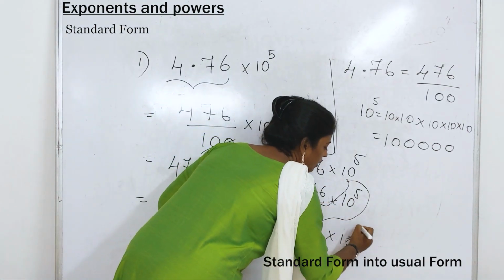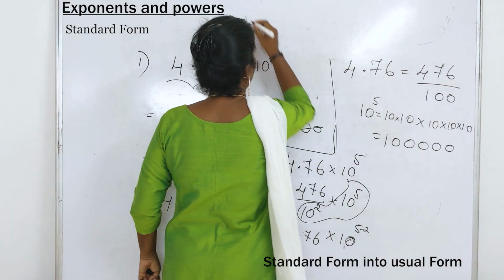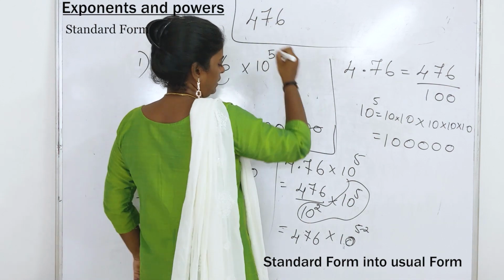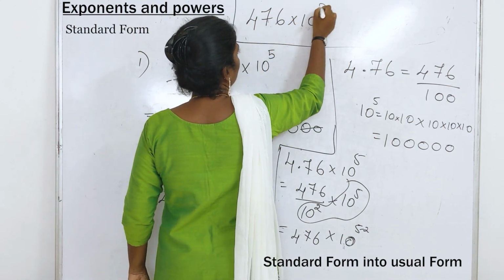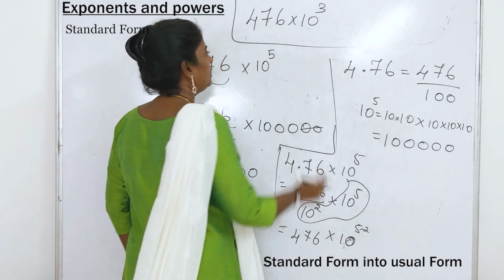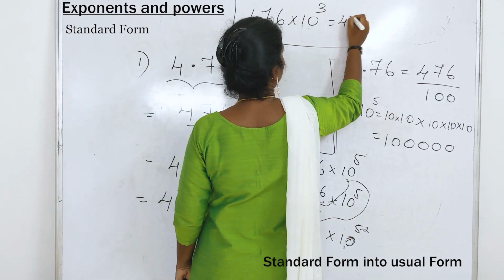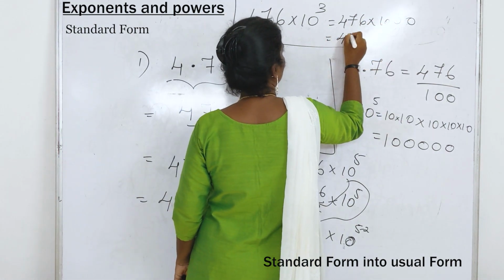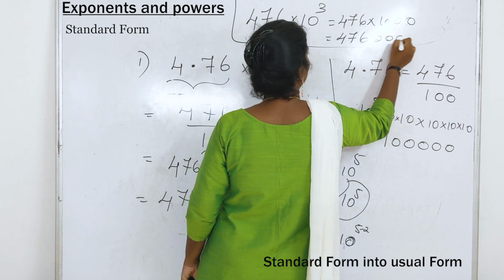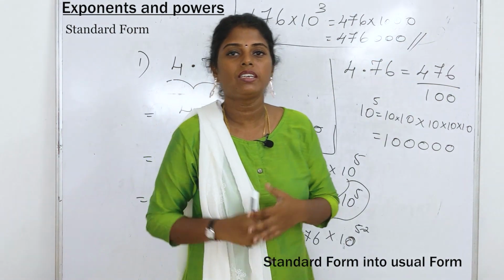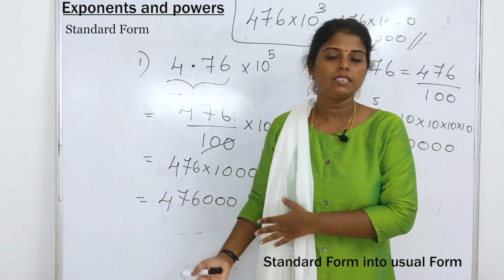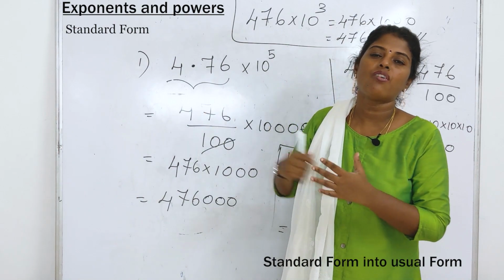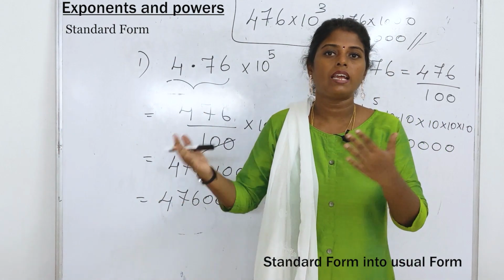So 10 to the power 5 minus 2, so we have to write this as 476 into 10 to the power 3. 5 minus 2 is 3. So 10 to the power 3, this is equal to 476 into 1000. Again this is equal to 476,000.